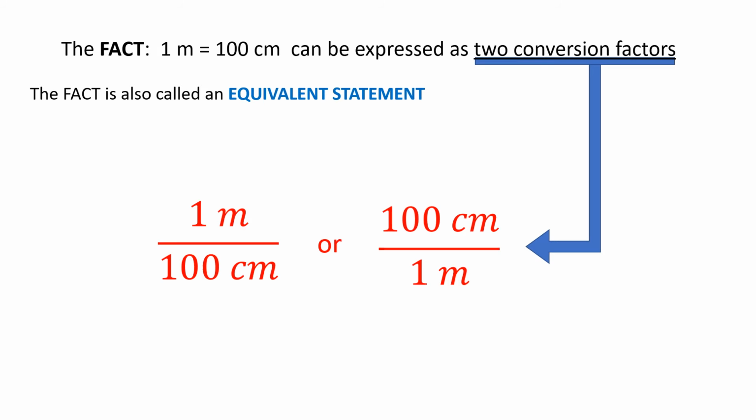So it can turn into both of these. And notice all we've done is on the left side we have 1 meter in the numerator and 100 centimeters in the denominator, or we can flip it around. 100 centimeters on the top in the numerator and 1 meter in the denominator or on the bottom.